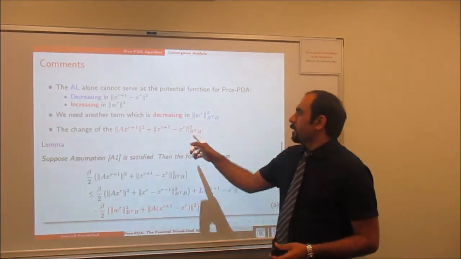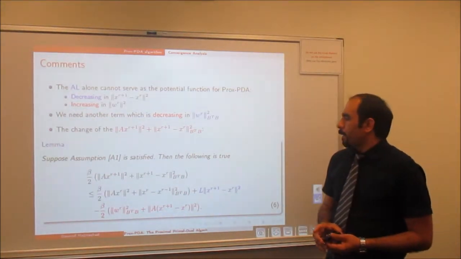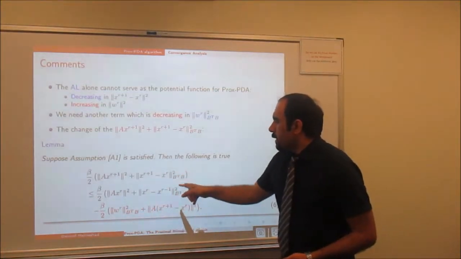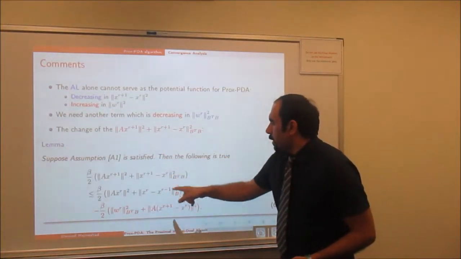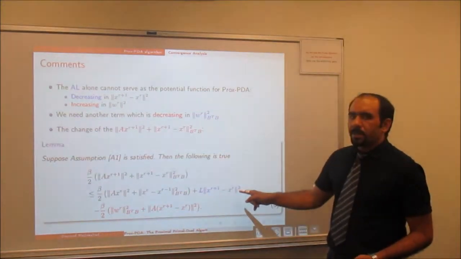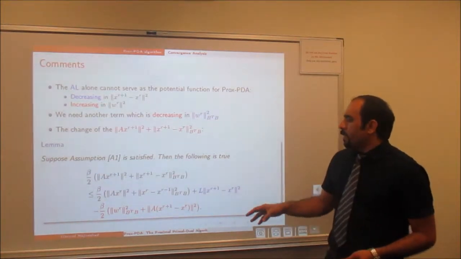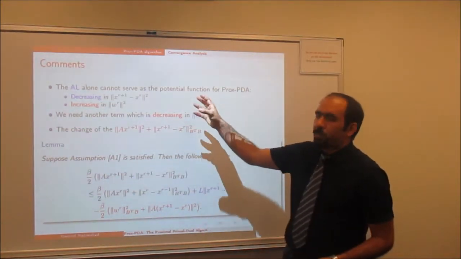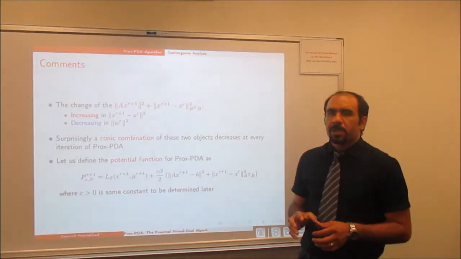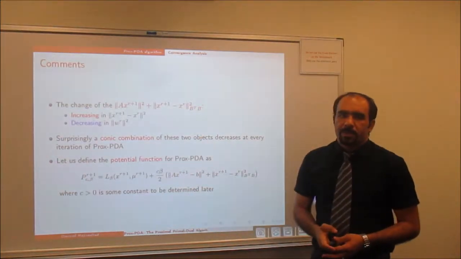And it turns out that this term is our desirable term. In this lemma, we can see that this term is decreasing in terms of w^r and increasing in terms of x^(r+1) minus x^r. It is basically behaving in the opposite manner of the augmented Lagrangian. And surprisingly, the conic combination of the augmented Lagrangian and this term can serve as a potential function.